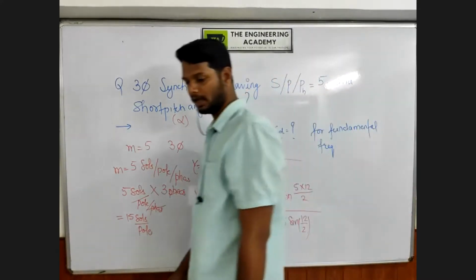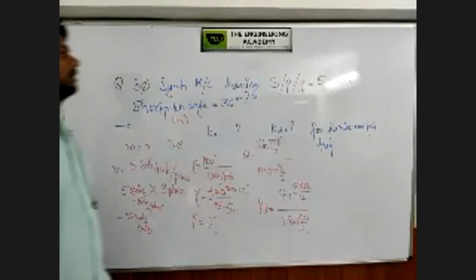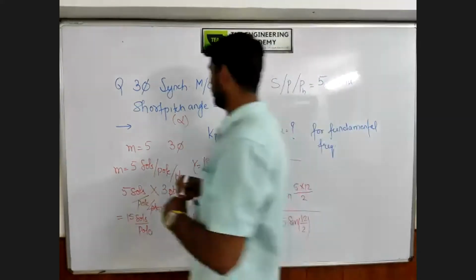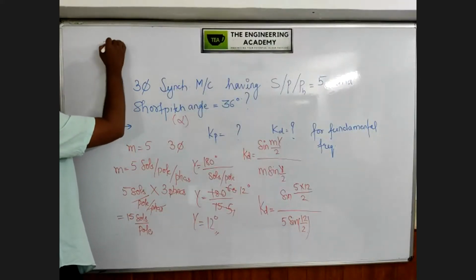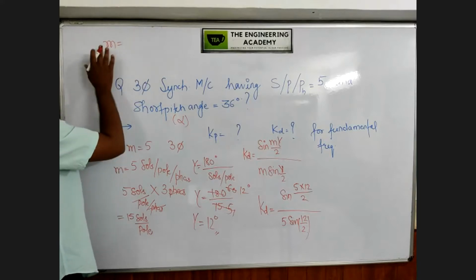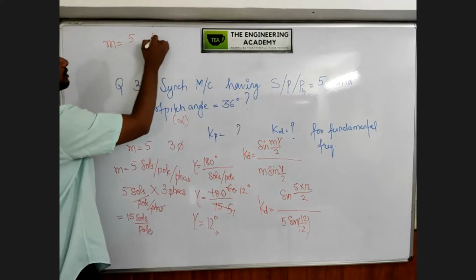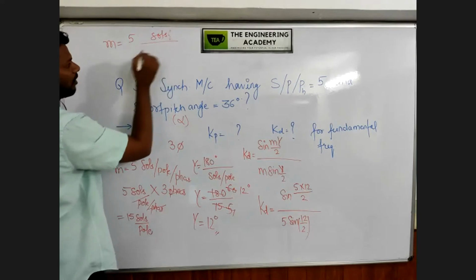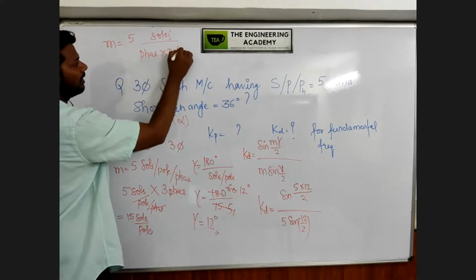Sir, can you explain again? Okay, I will explain again. So listen, everybody. 15 slots per pole. The m value is given in the question as 5 slots per phase per pole.